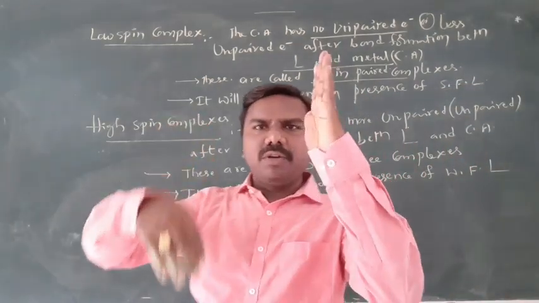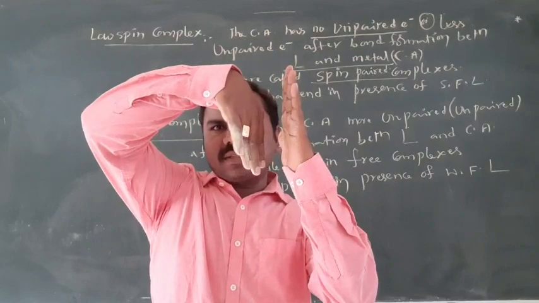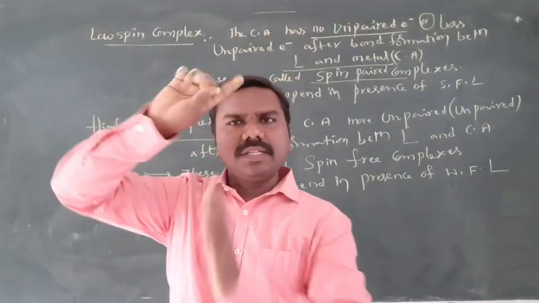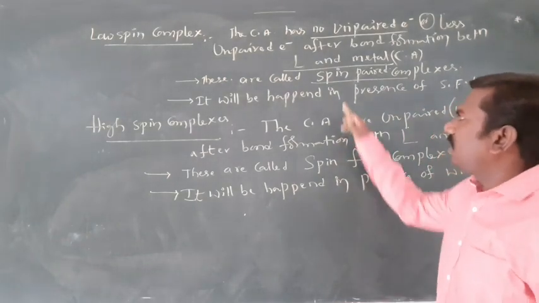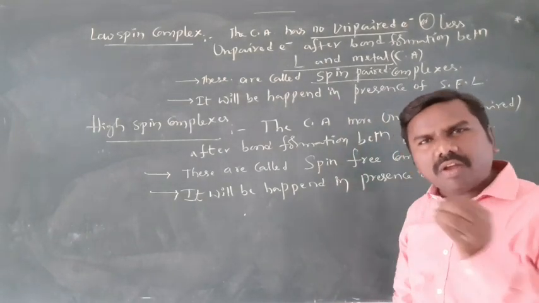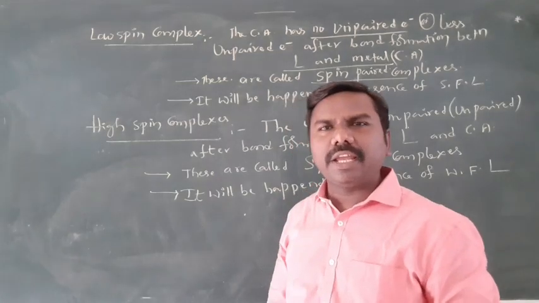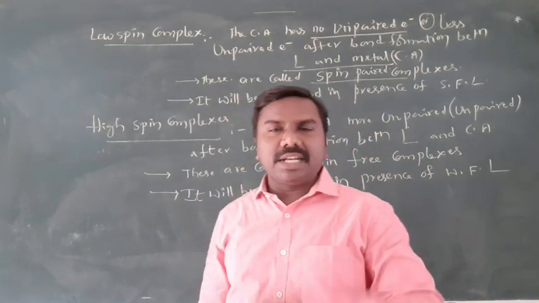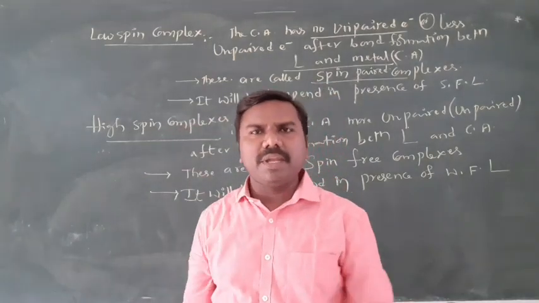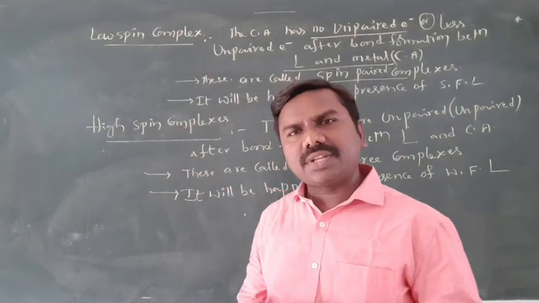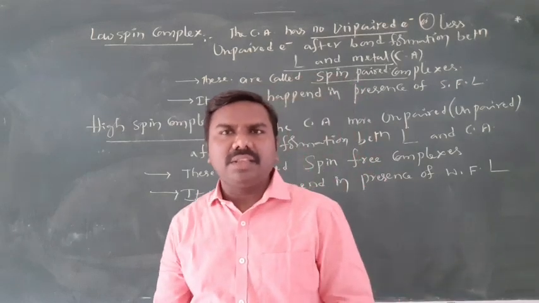It means after pairing only, plus half minus half, plus half minus half, total is 0. After pairing only, spin paired complexes. This will happen in presence of strong field ligand. Why is it named a strong field ligand? The ligand has a tendency to pair up electrons in the central metal atom d orbitals. That's why the strength is more, the field strength is more.